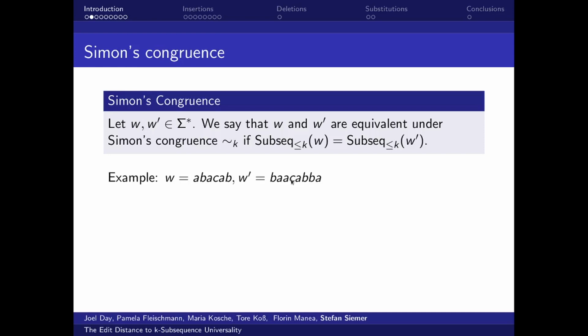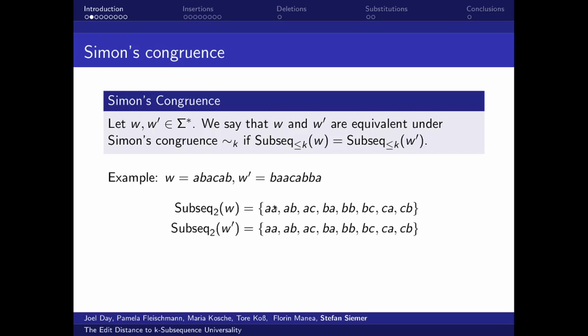So let us also have a look at an example here. We have these words W and W prime, and we can simply calculate all the subsequences of length k of W and of W prime, and as you can see these subsequences are exactly the same set. So we can say that these are two Simon congruent.